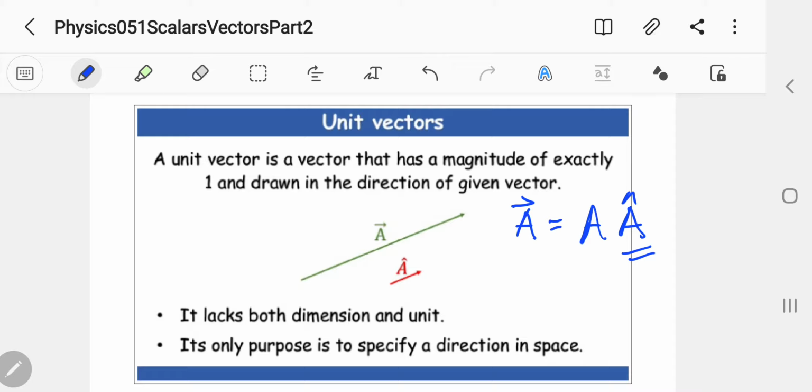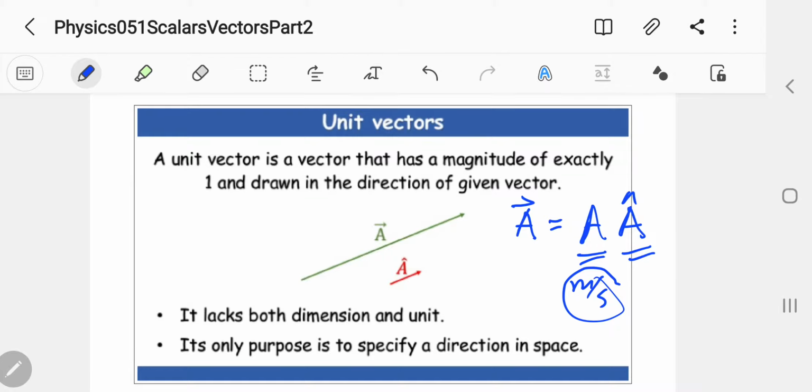So the unit vector lacks dimension, so it has no unit. Any dimension would do, and the unit is also gone. So if A has a unit of meters per second, for example, you can carry the unit meters per second.